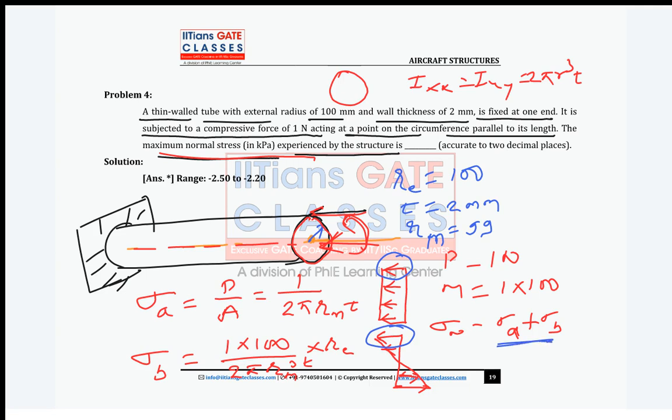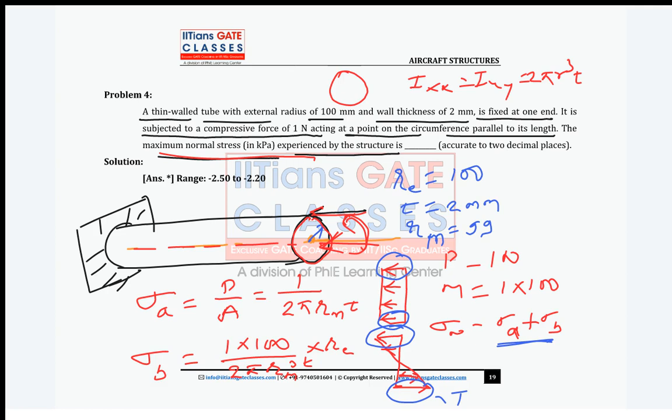But if you take bottom, one is tensile and another is compressive, so the summation will be less, right? One will be plus, one will be minus, so it is not max. So max will be on top, right? So what is the value?